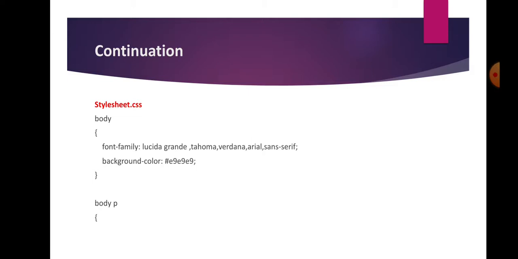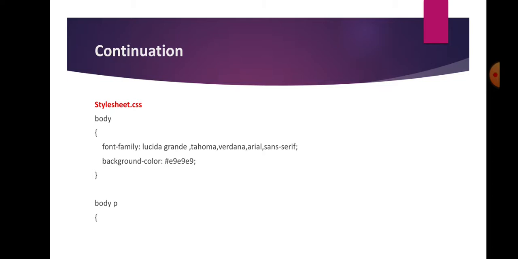Here body means how the web page will be viewed, how the font will be displayed, how the background color will be displayed. Here the font family is Lucida Grande, Tahoma, Verdana, Arial, Sans Serif, and the background color is a hexadecimal value.